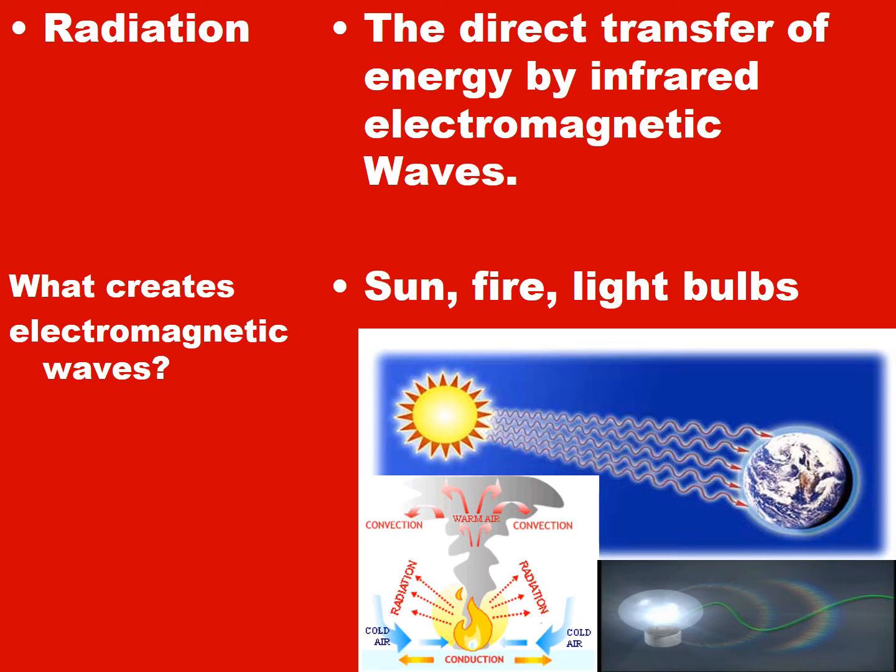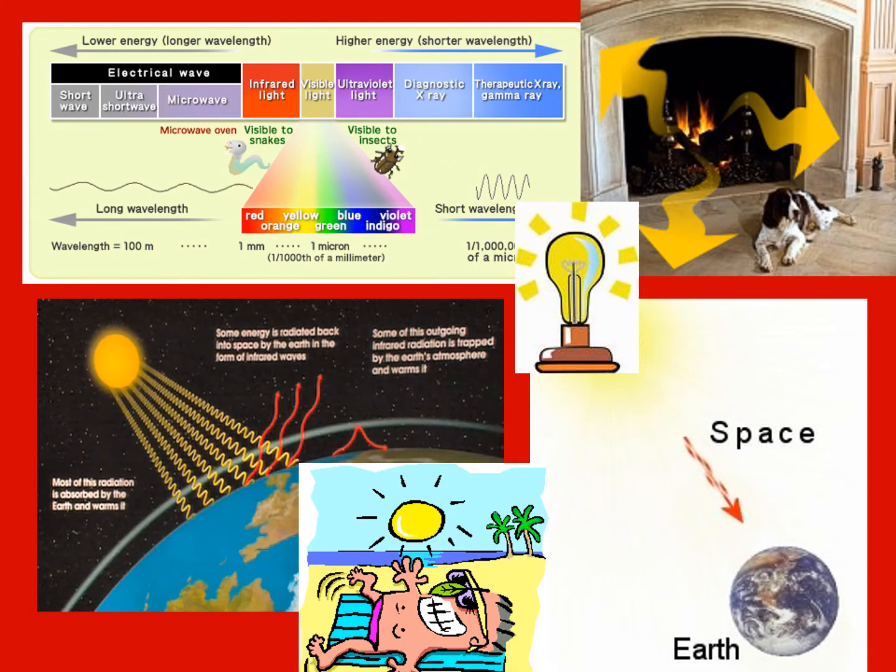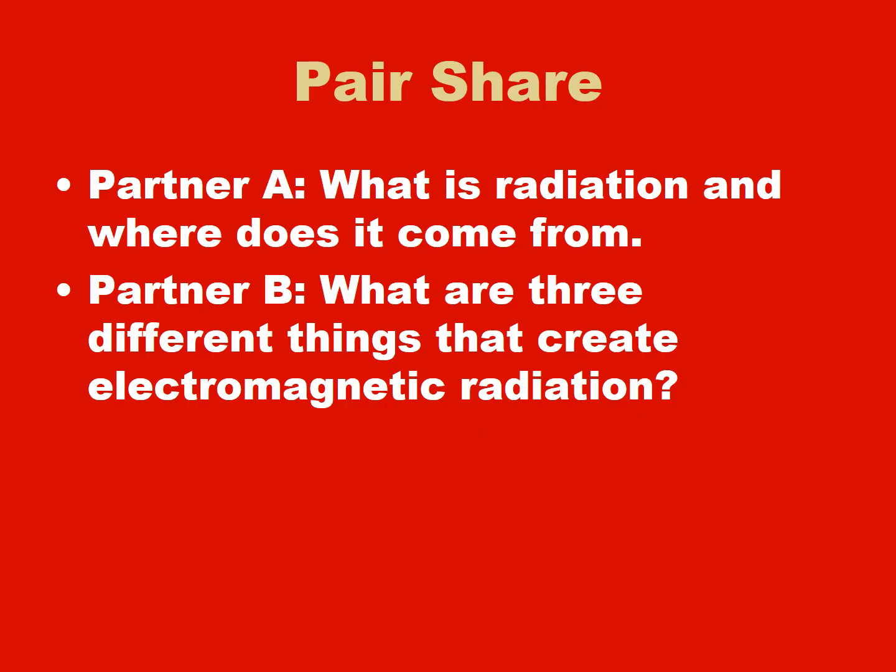This slide shows how heat is transferred by these types of heat transfer. Also, this slide shows higher energy with shorter wavelength and lower energy with longer wavelength. Next slide. Part A: what is radiation and where does it come from?